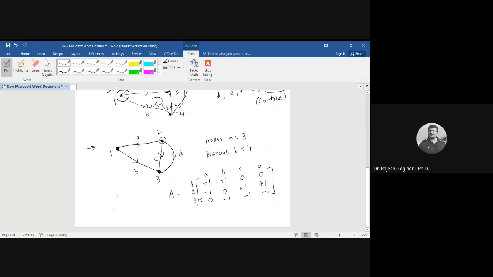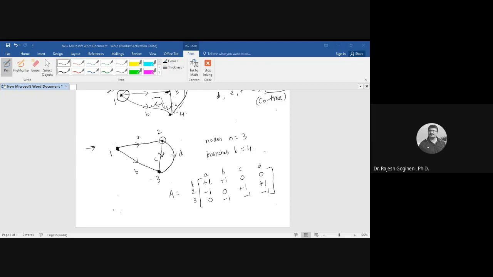So this is called the incidence matrix for the given graph. So some features you can observe from this incidence matrix. That means the incidence matrix will give you clear information about the graph. If the incidence matrix is given, you can draw the graph also. Yes or no?